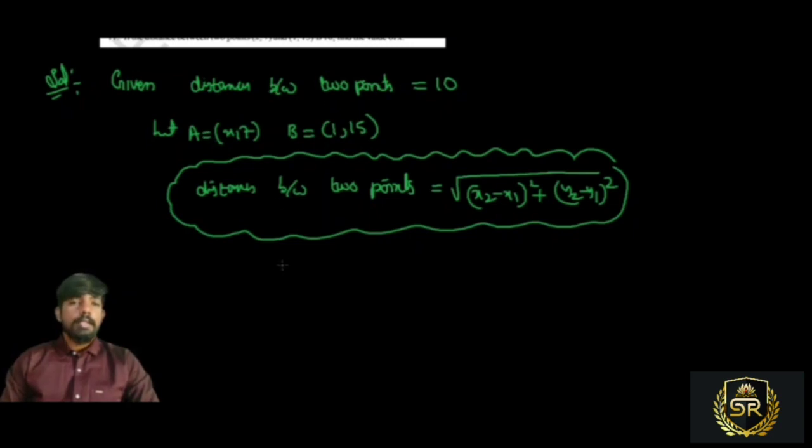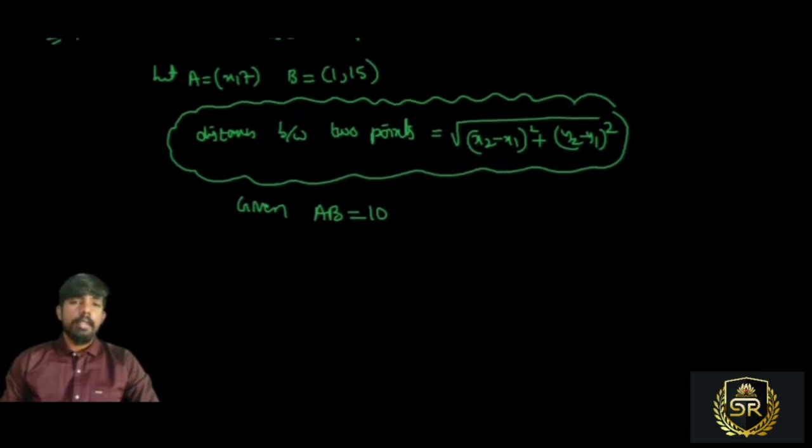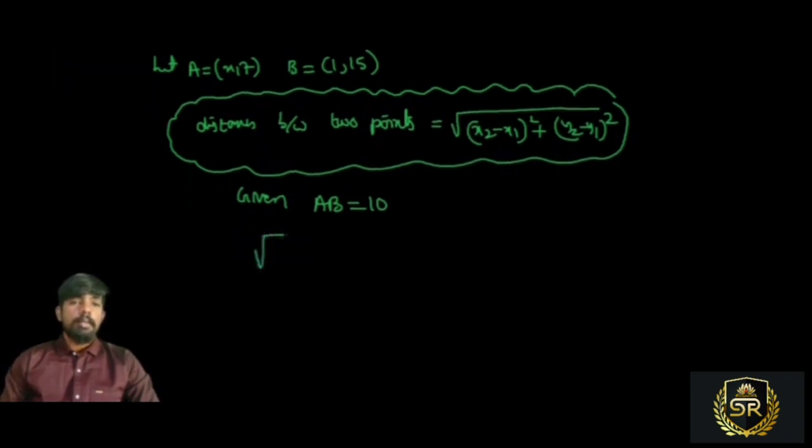And AB is the distance given, AB is equal to 10. Therefore the distance formula for AB is root over (x2 minus x1), this is x2 minus x1, so (1 minus x) whole square plus (y2 minus y1), (15 minus 7) whole square, is equal to 10.